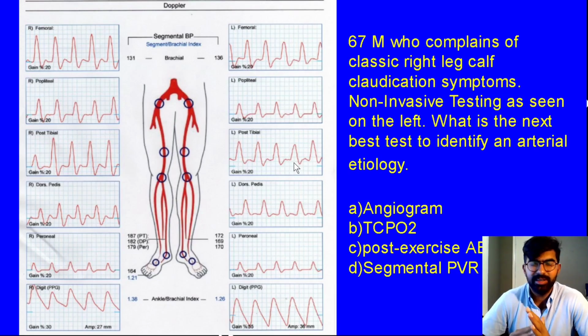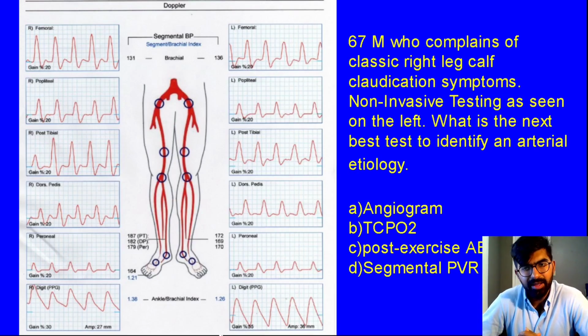We're switching gears again a little bit, so look carefully at the waveform. We're not looking at PVRs anymore. So you have a 67-year-old male who complains of classic right leg calf claudication, okay? And his non-invasive testing is seen on the left. What is the next best test to identify an arterial etiology?